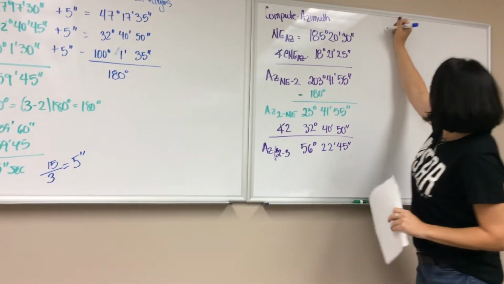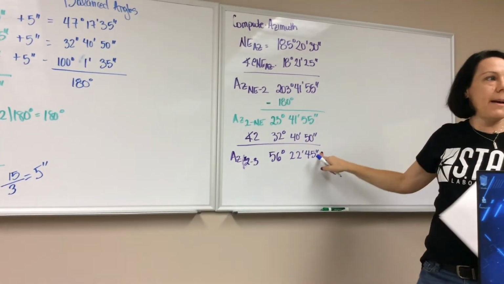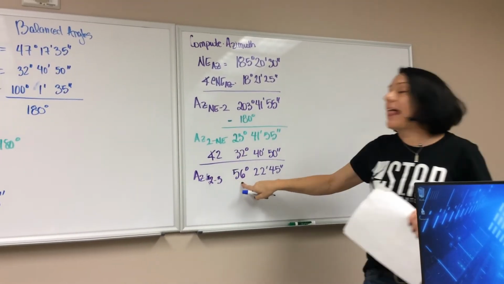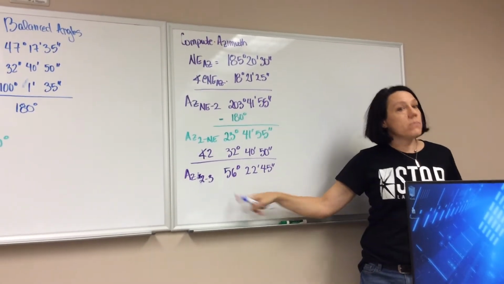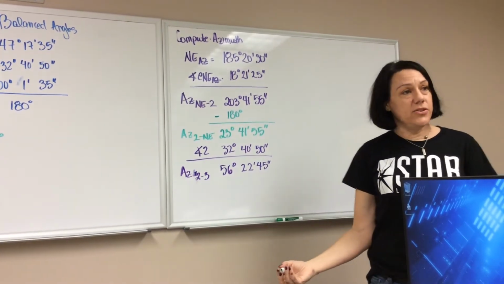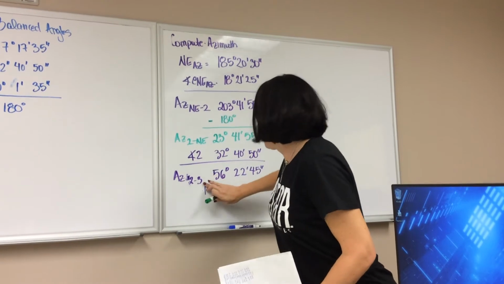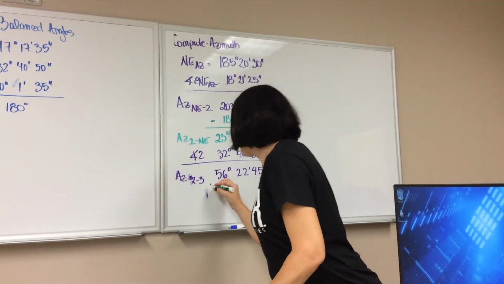Now, azimuth, back azimuth, add an angle, get an azimuth. So what do I have to do now? Back azimuth, right? So if the azimuth is less than 180, we add 180. So I'll do the back azimuths in green.